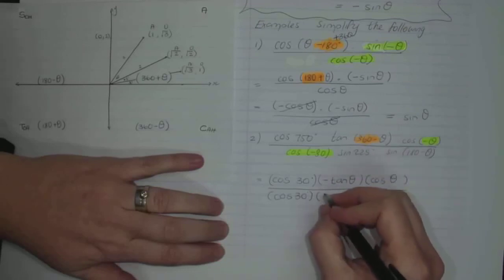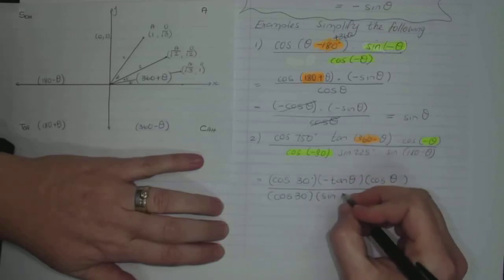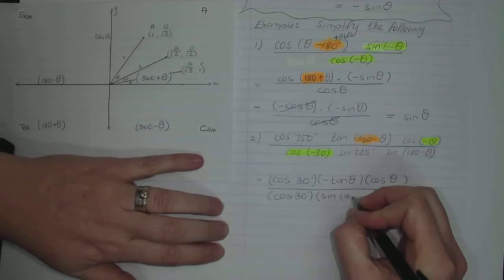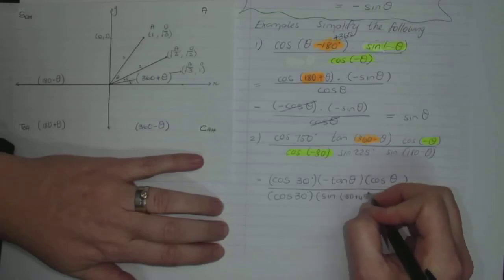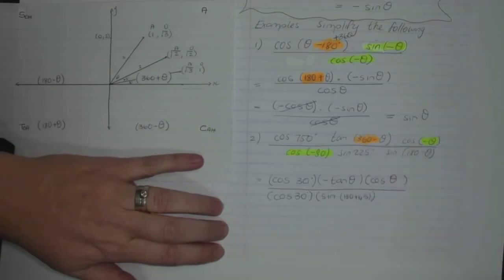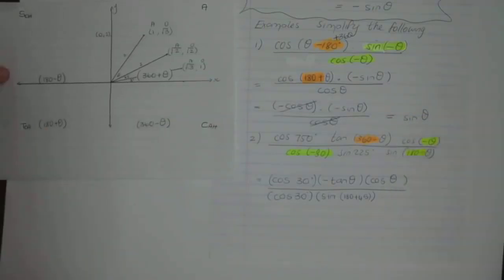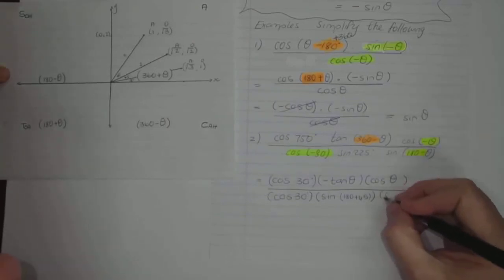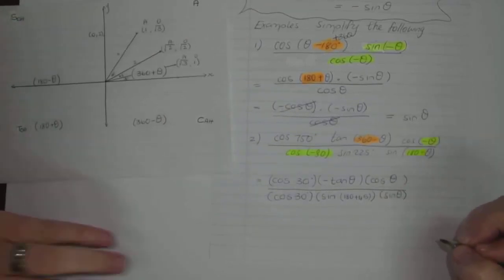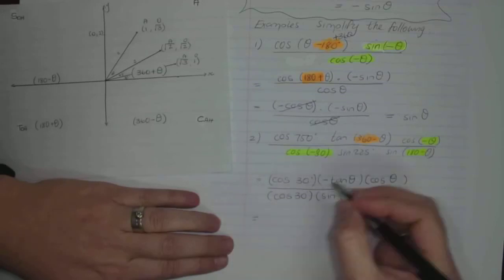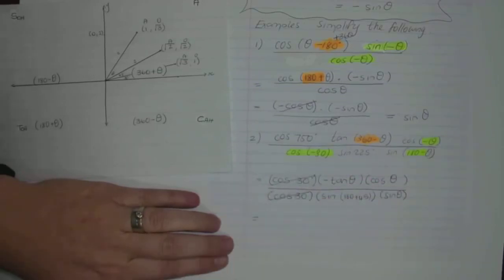225 is actually sine 180 plus 45, correct? Right, and what do I know about 180 minus? And 180 minus, sine will be positive. So in here I can see cos 30 and cos 30 will cancel each other out.